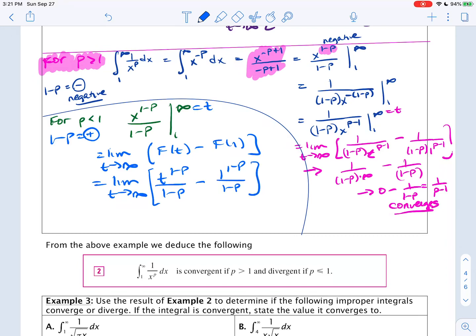Right, because all we did was replace our t with our x, and we're doing our f of b minus f of a, but we note that 1 minus p is positive, t stays in the numerator, so this is going to infinity over 1 minus p, take away 1 to the 1 minus p over 1 minus p, and that is going to infinity minus a number, which is infinity. So we know that for p less than 1, we have a divergent integral.